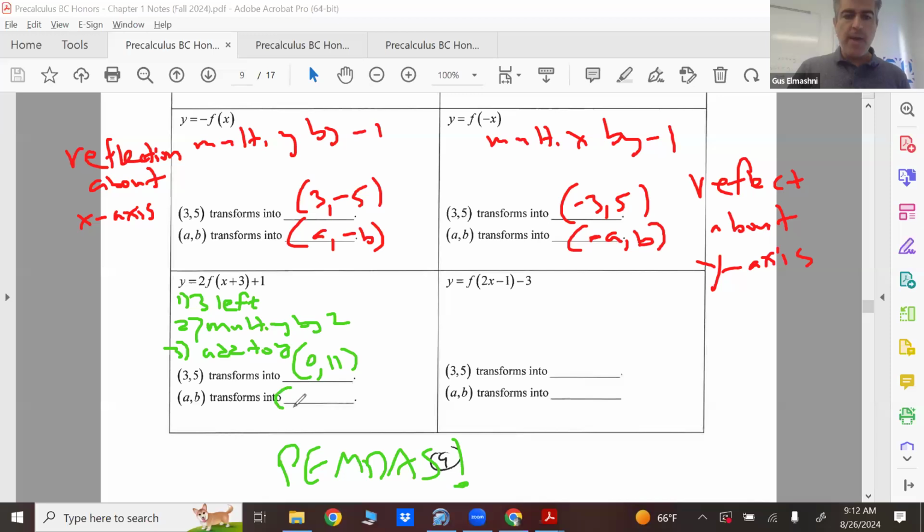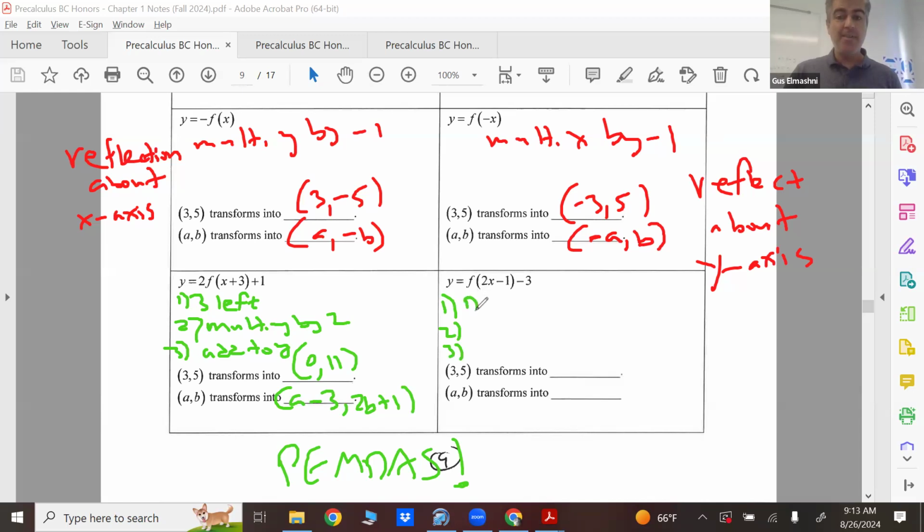So take 3 away from x. We get 2b plus 1. Okay. So 3 left means he takes 3 away from x, right? All right, here. 2x minus 1. What's the first thing x sees now? It's a 2.